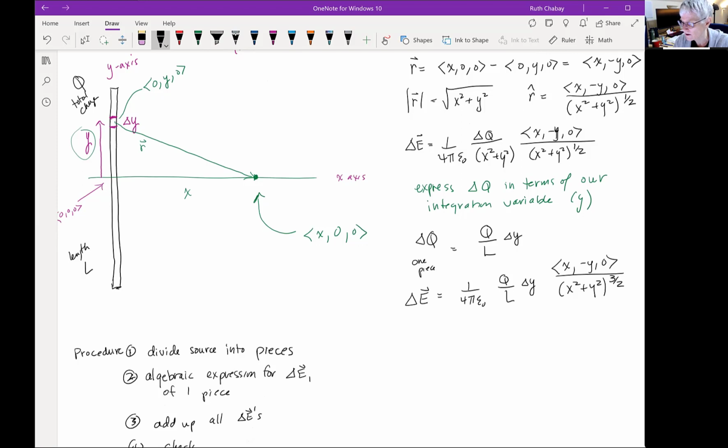We multiplied x squared plus y squared times the square root of x squared plus y squared to get that. So that's our expression for one piece.